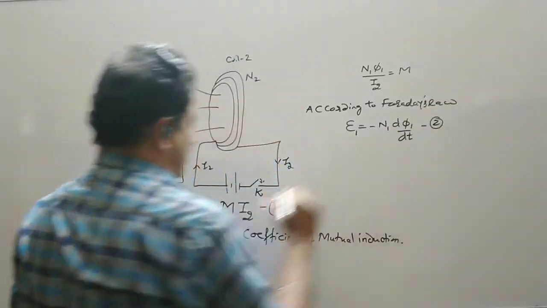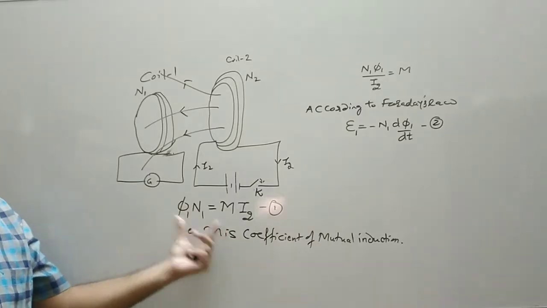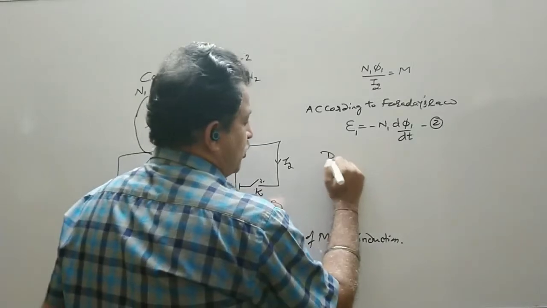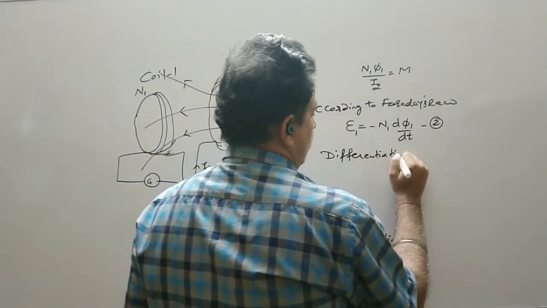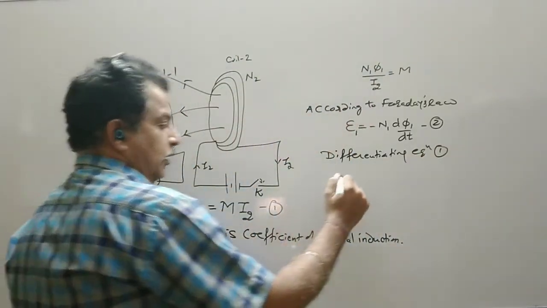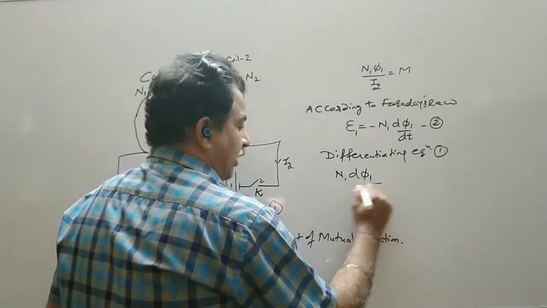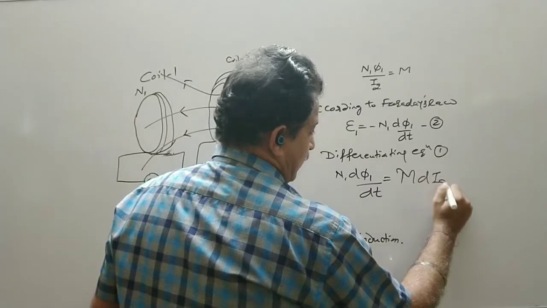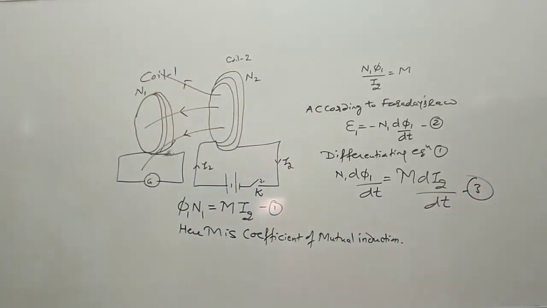So we differentiate equation 1 on both sides with respect to time. So it becomes N1 d phi 1 upon dt is equal to M dI2 by dt. That is equation number 3.